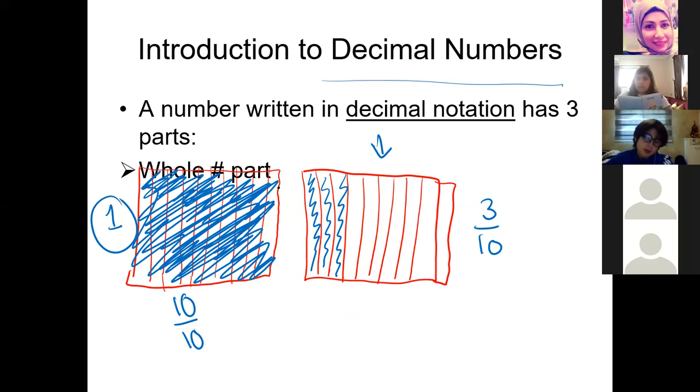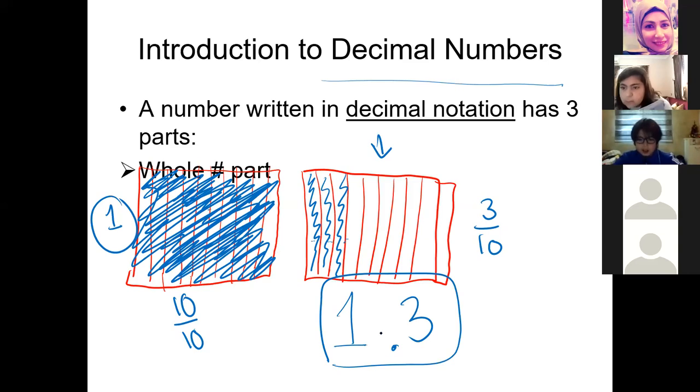How many squares here are fully colored? 1. We said that 10 over 10 is the same as 1. So that means we have to write 1 point. How many parts did we color here in this square? 3. So 1.3. Like this we write the decimal number. The 1 means that 1 square is fully colored.